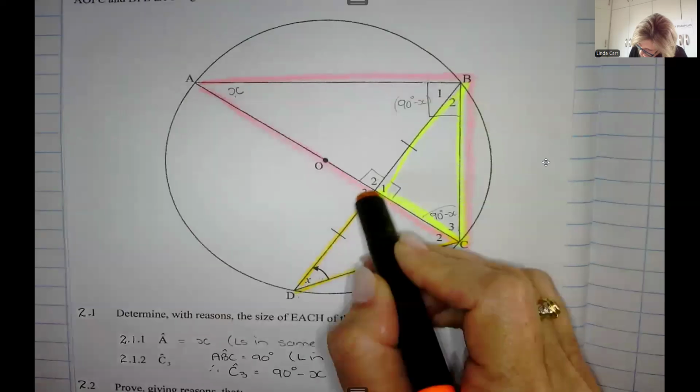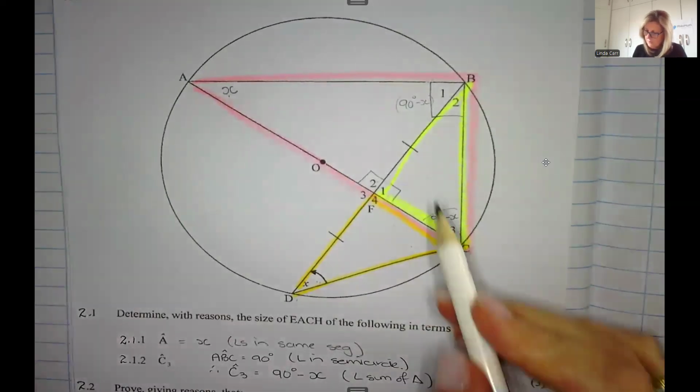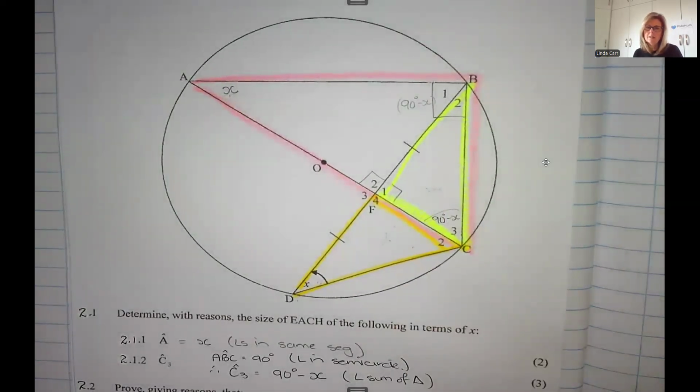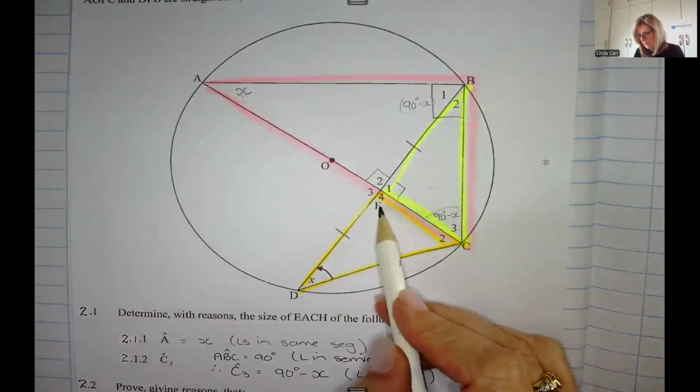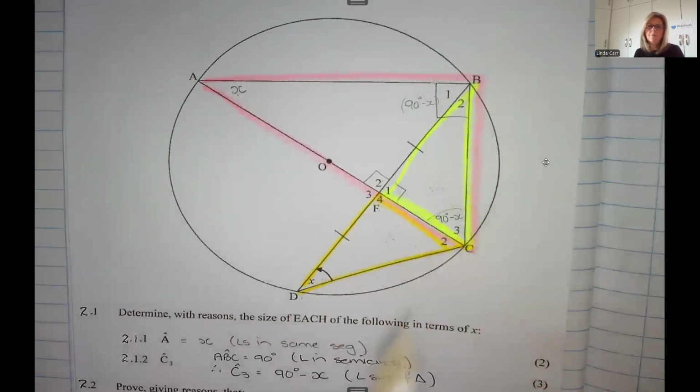So these two triangles are definitely congruent. We've got the right angle, we've got the DF equal to FB, and we've got the common side.